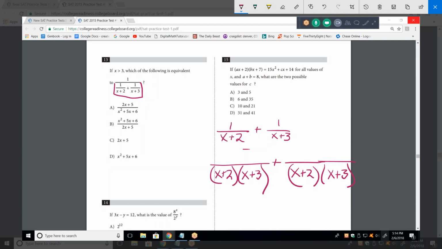Now, the key question here is what goes there? Would it still be 1? Nope. That changes the fraction, does it not? The goal is to not change this fraction. Whatever we put in that numerator, this fraction has to remain the same as what we started with.